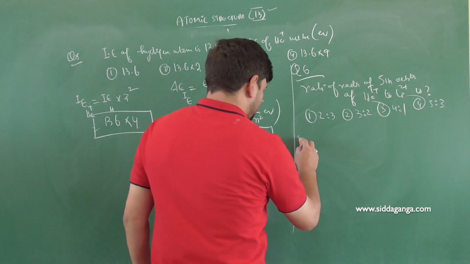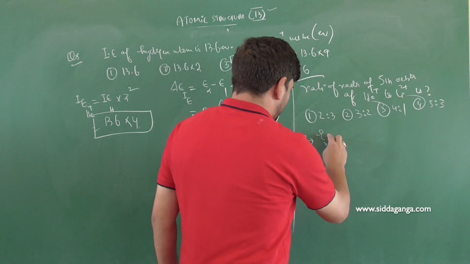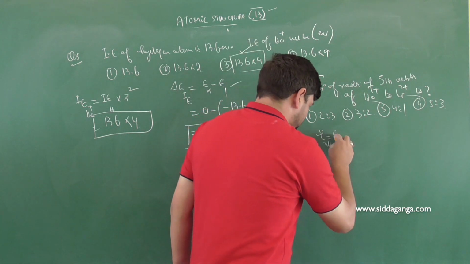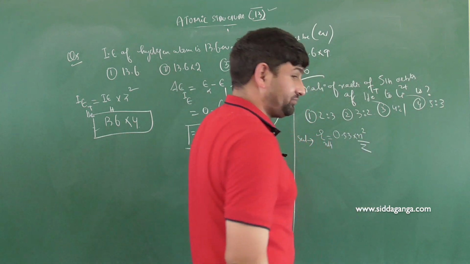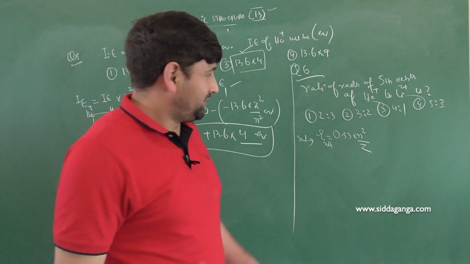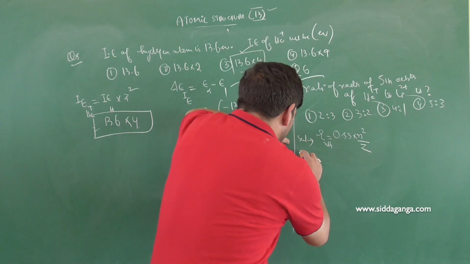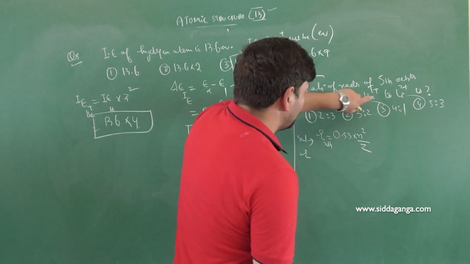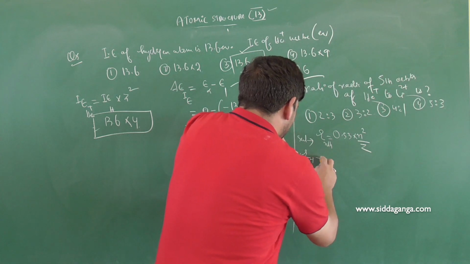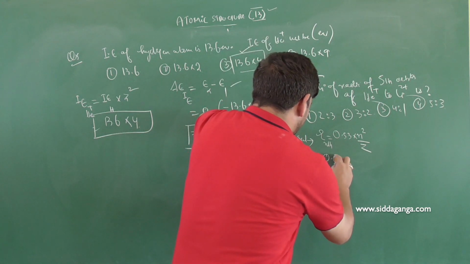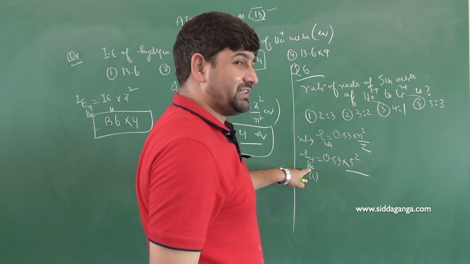Very simple. What will be the solution for it, children? We know the radius of the nth orbital of hydrogen and hydrogen-like species equals 0.53 into n square by Z. Is it clear? It's a ratio. Now we can write down the ratio of the radius of helium plus, fifth orbit, which will be equal to 0.53 into 5 square divided by Z. For helium, what is Z? 2.